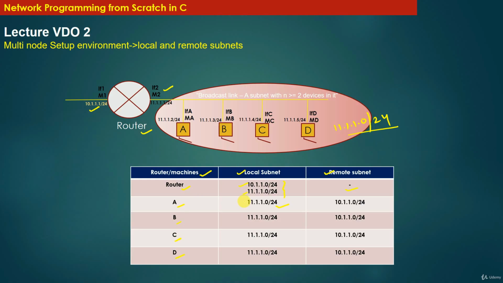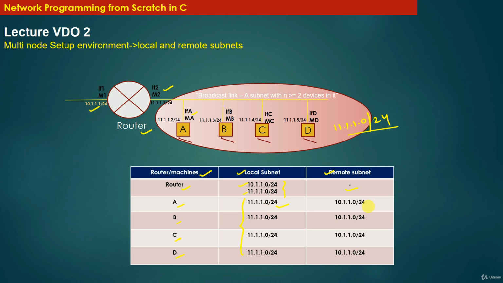Just apply the definition of local subnet and you will know, right? Because each of these machines has an interface which lies in this local subnet. Hence, this subnet, 11.1.1.0/24, is a local subnet for machines A, B, C and D.